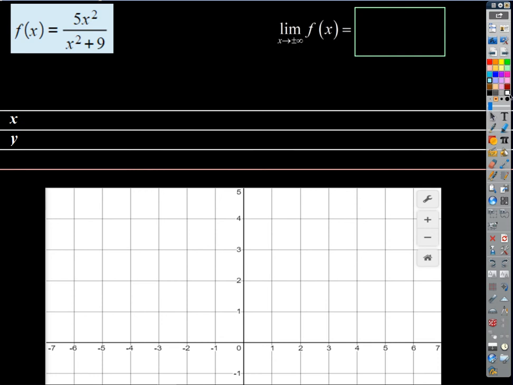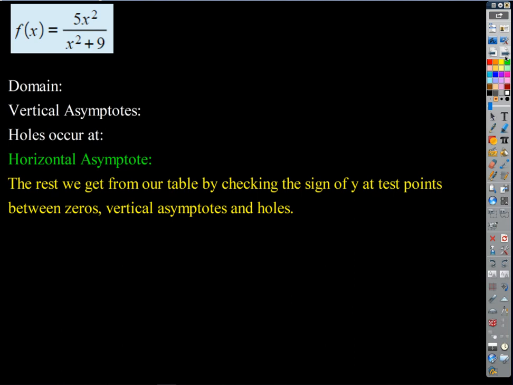So we're going to go all the way from negative infinity up to infinity, and there's no values we have to exclude, okay? So if we're keeping track of this stuff, the domain, there it is, all reals.